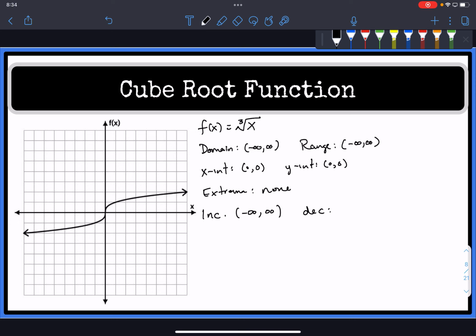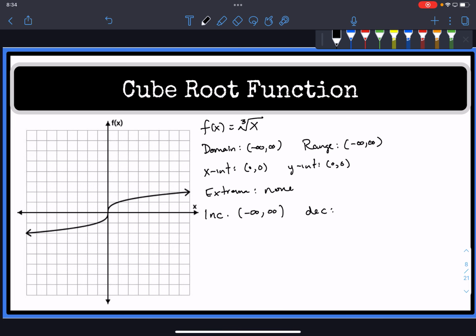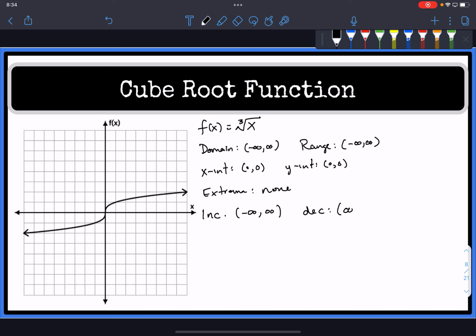And because it has no extrema, it's not changing directions. So it is not going to decrease, since it's always increasing from negative infinity to positive infinity. And again, no extrema, meaning no turning points, no change of directions.